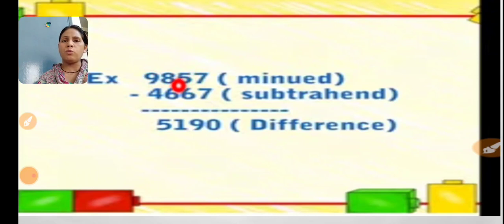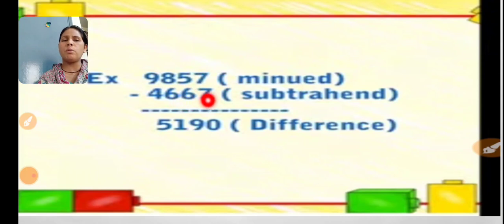So children, as we studied in our previous slide, the larger number is called minuend. So 9857 is called minuend, and 4667 is the smaller number.